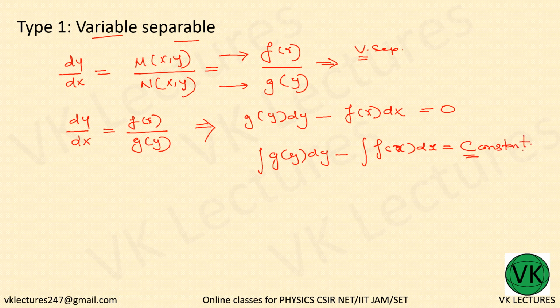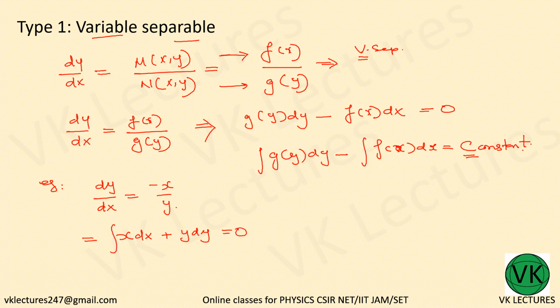Okay, now just for example, dy by dx equal to minus x divided by y. So this is nothing but x dx plus y dy equal to 0.